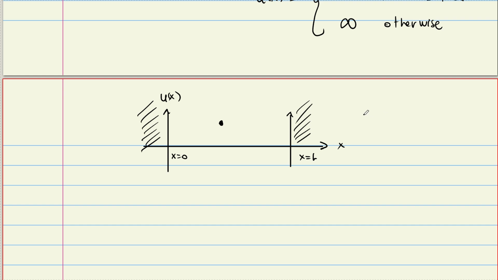So then the proper boundary condition: U is equal to infinity if you are outside the box. That's the meaning of infinite potential. How do we get infinite potential? In real life you don't, right? So that's an approximation.